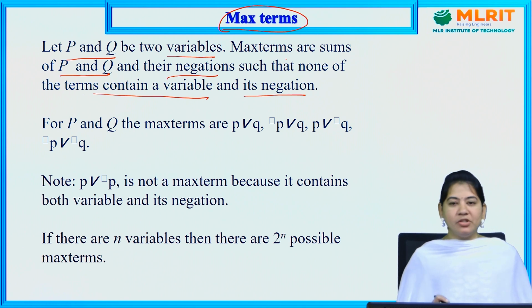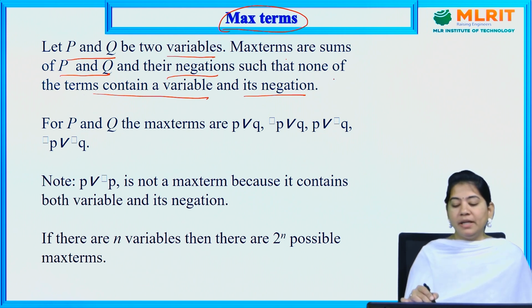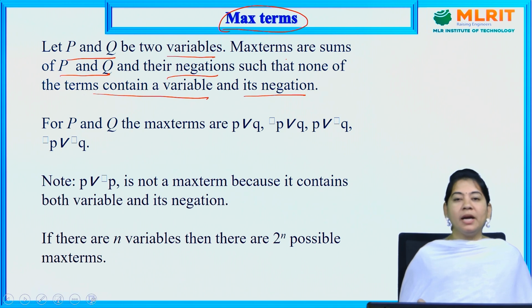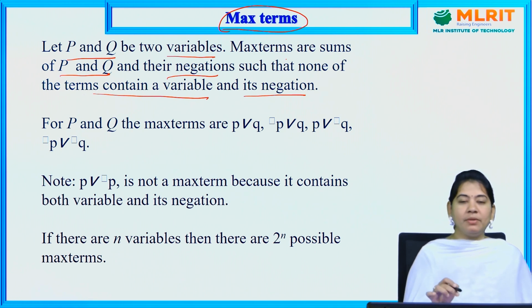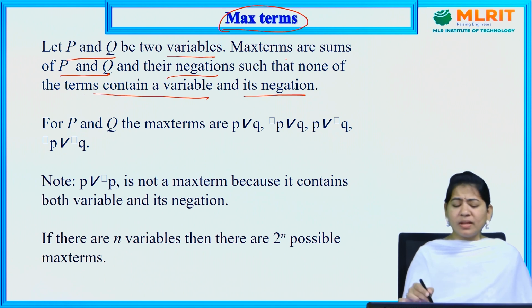In previous sessions we have already seen elementary product and elementary sum, and also min terms. For min terms a variable and its negation is not accepted. In the same way, for max terms also, a variable and its negation is not accepted.